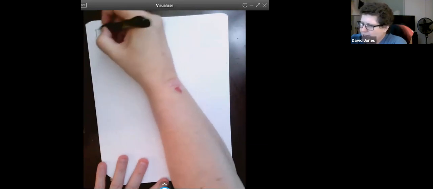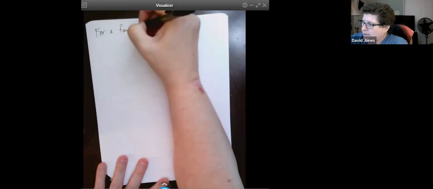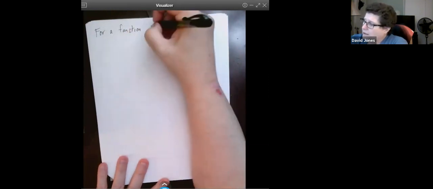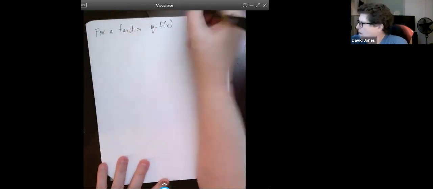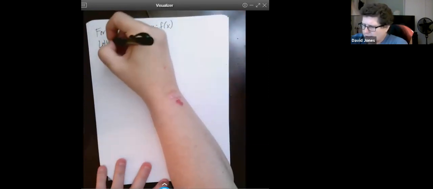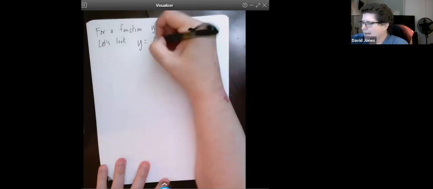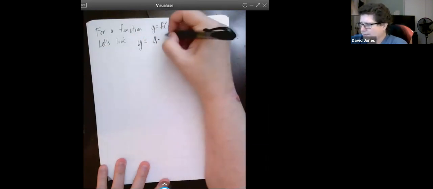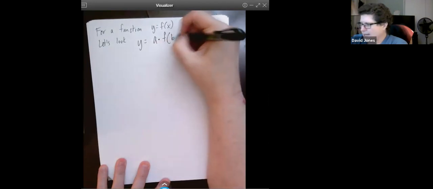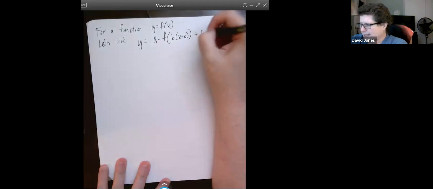So what we're going to be looking at here, for a function f of x, we're going to look at y equals a times f of b x minus h, like that, parentheses, plus k.